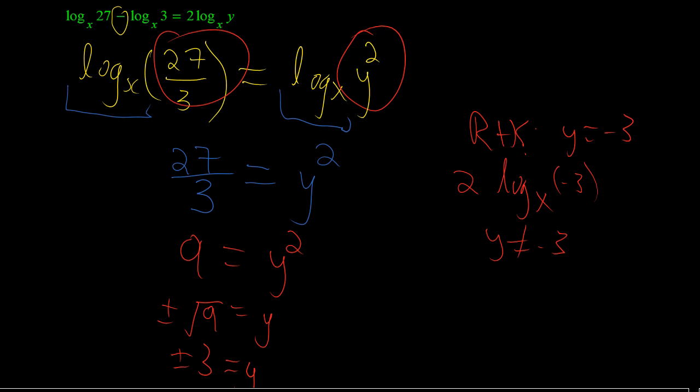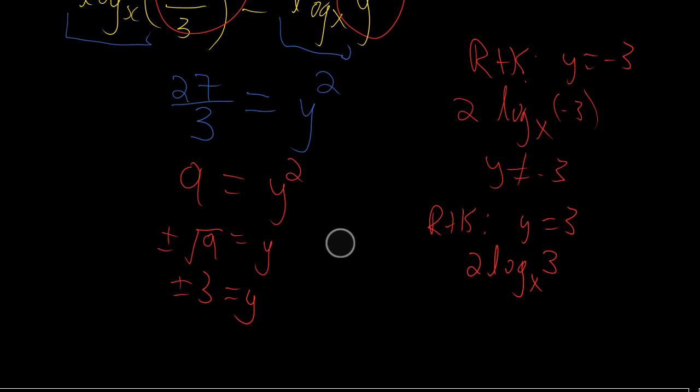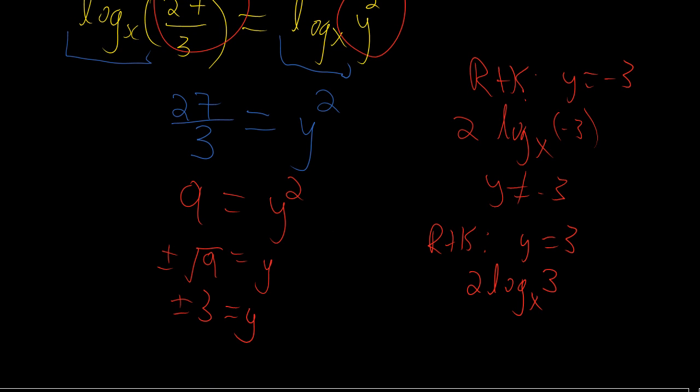If we test the value of 3, then the right-hand side becomes 2 log base x of 3, and that should be equivalent to the left-hand side. But let's just make sure. So you always substitute in the original.